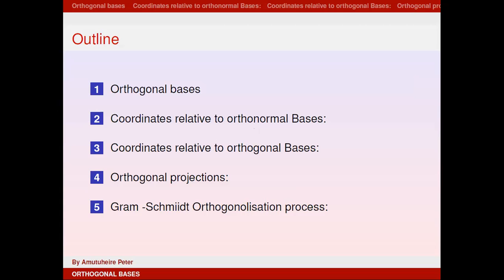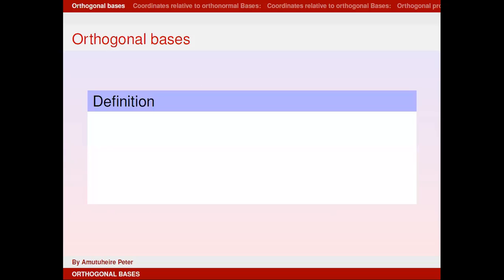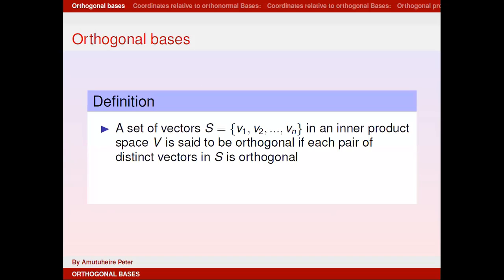So this is our plan for today. We'll talk about orthogonal bases. We'll talk about the coordinates relative to orthonormal bases. Talk about the orthogonal projections, and then we'll talk about the Gram-Schmidt orthogonalization process. So we start with a definition.